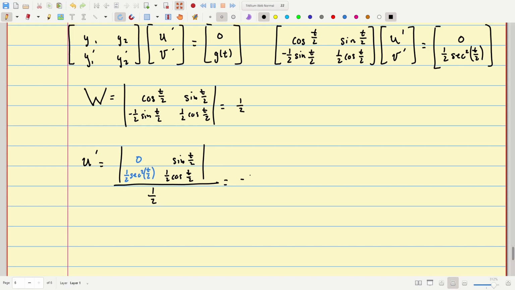So we're going to get negative 1/2 secant squared t halves times sine t halves over 1/2. Those 1/2s are going to divide out, which is why it's important to do that initial step, because this constant would be different if we hadn't put the equation into standard form at the very beginning.